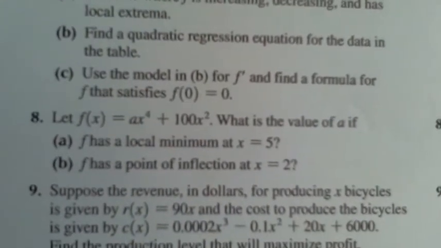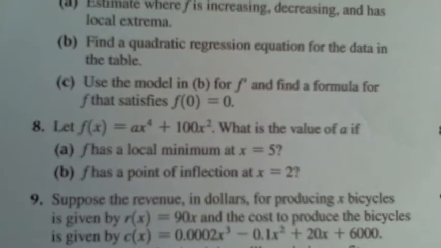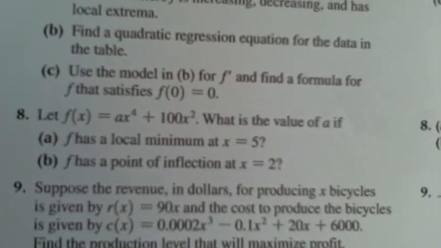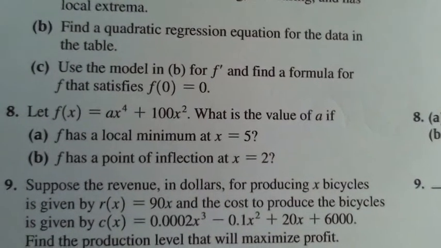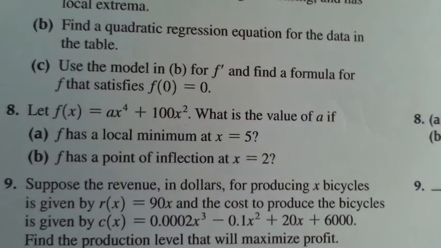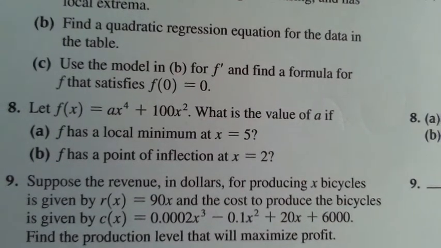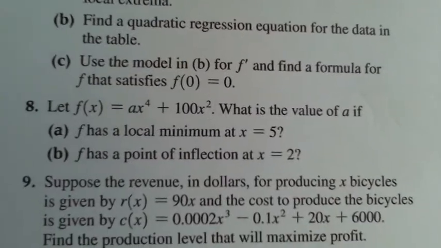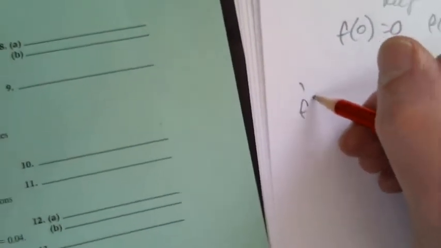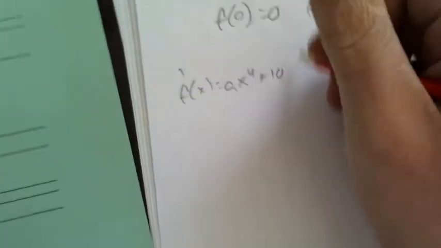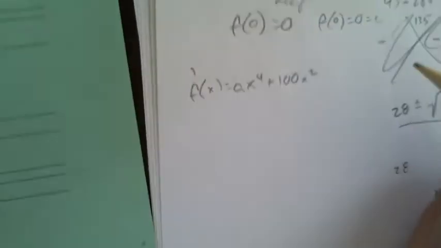f of x equals ax to the fourth plus 100x squared. What is the value of a if f has a local minimum at x equals 5? Or b, f has a point of inflection at x equals 2. Alright, so f of x equals ax to the fourth plus 100x squared.